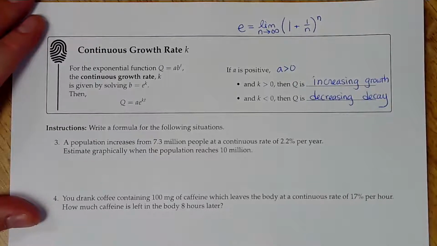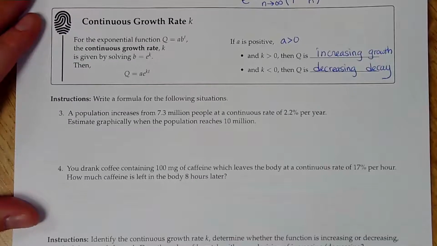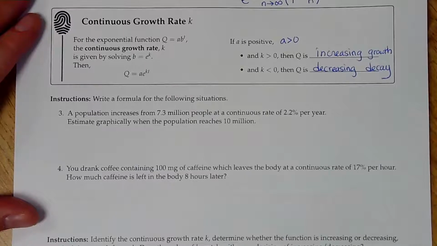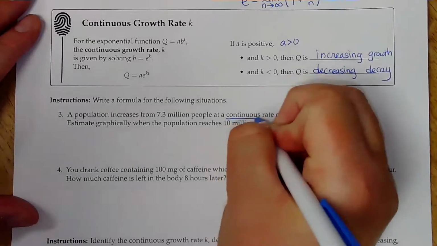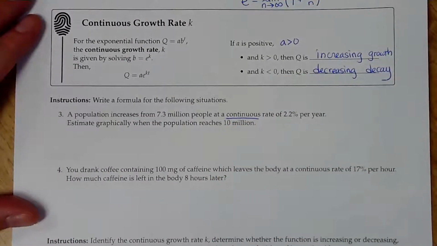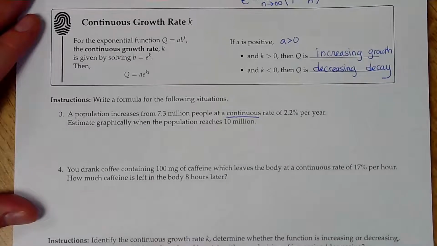We're going to write an equation and then answer the question that goes with it. Number 3: a population increases from 7.3 million people at a continuous rate of 2.2% per year. Anytime you see that word continuous, you're going to use e in your equation. If it doesn't say continuous, it's highly unlikely you would be using e.